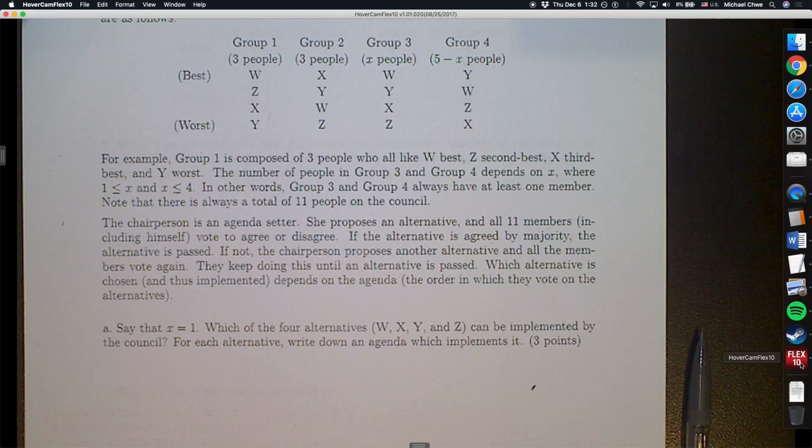Okay, say that X is 1. This is 1, this is 4. Which of the four alternatives can be implemented by the council?